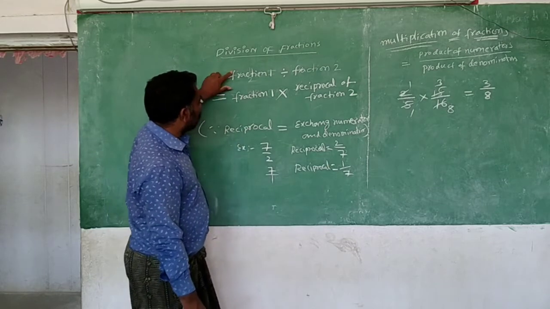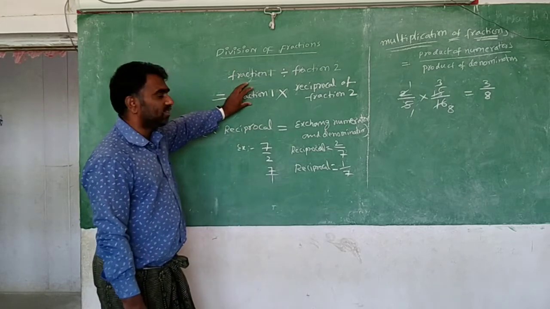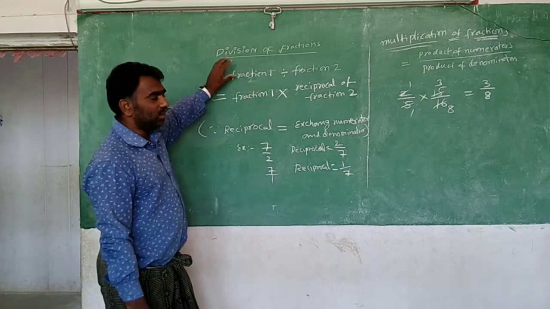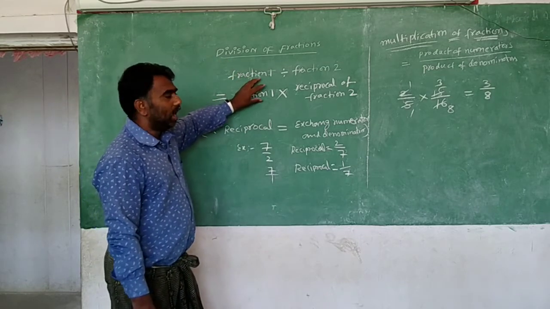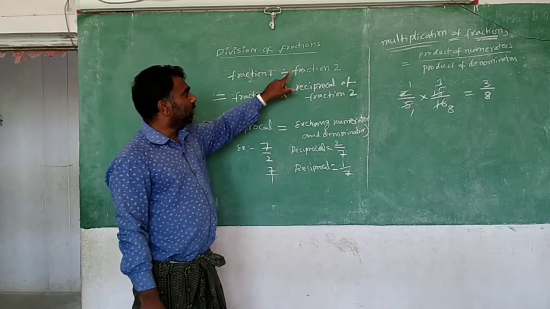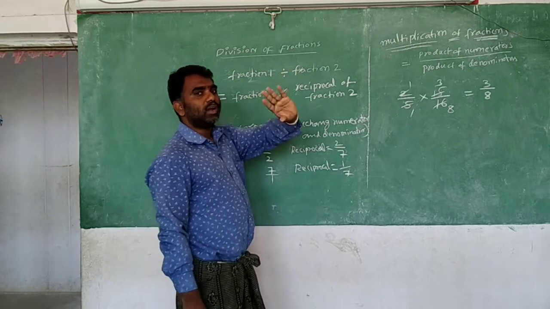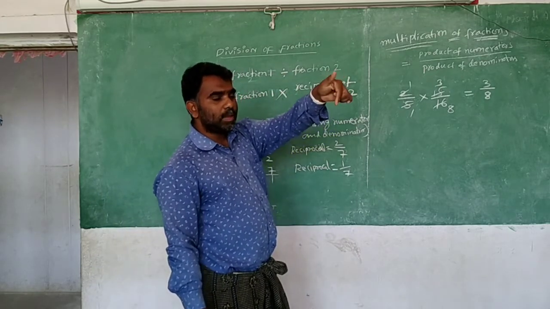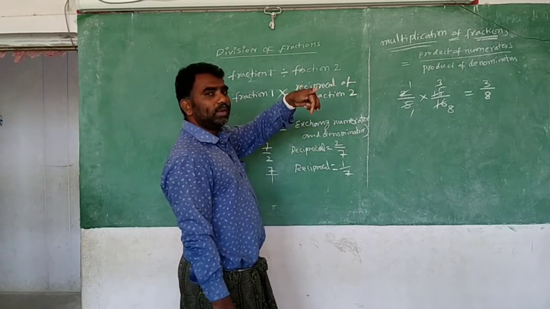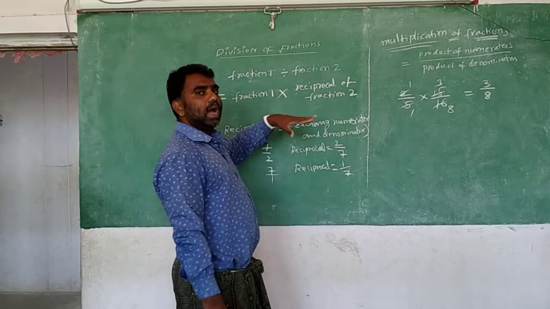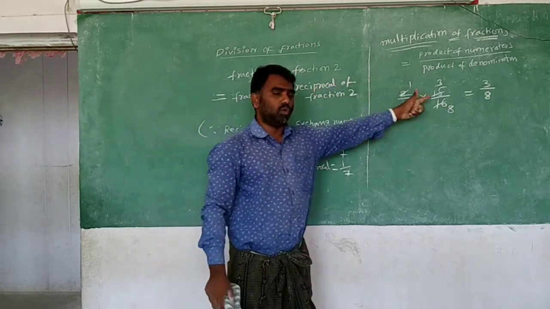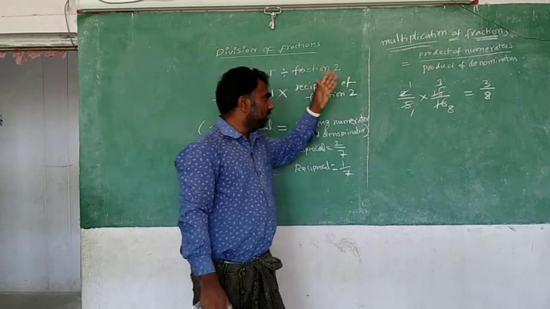We will take the first fraction as it is, and the division symbol will be written as a multiplication symbol. Then the second fraction, not as it is, we will take the reciprocal, meaning exchange the numerator and denominator. After writing that, do the multiplication only, because the multiplication process you know. That same method only we will apply here.